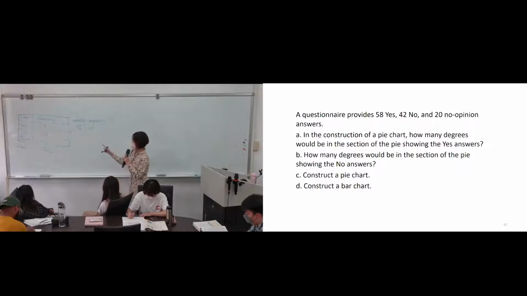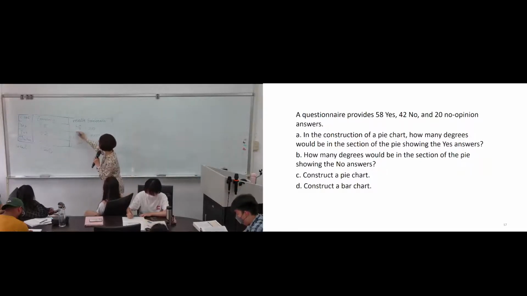For no, that's 42 over 120. No opinion, 20 over 120. That's the second column.